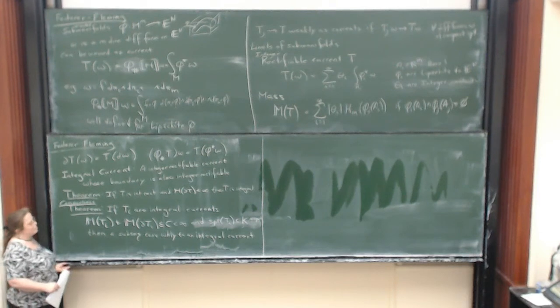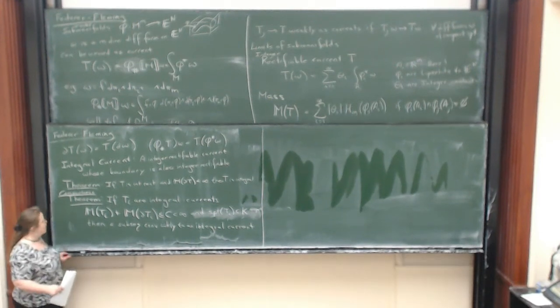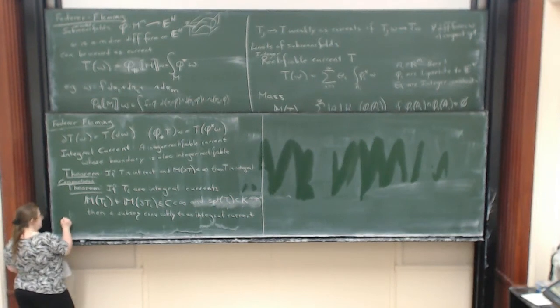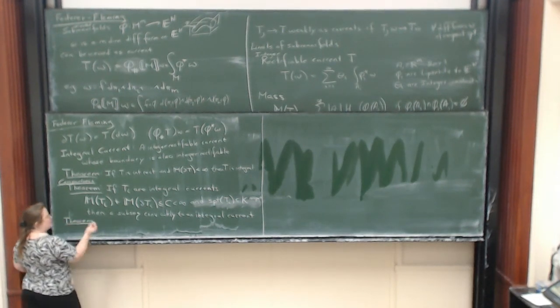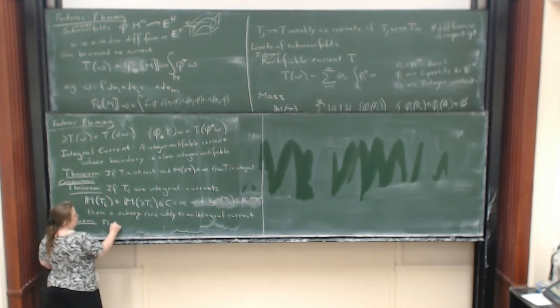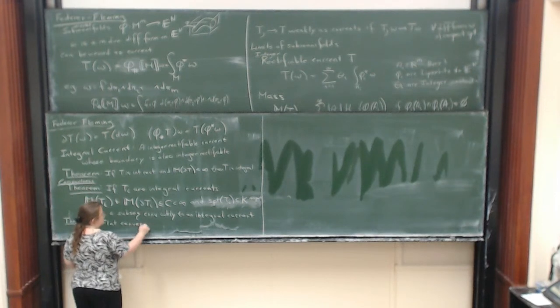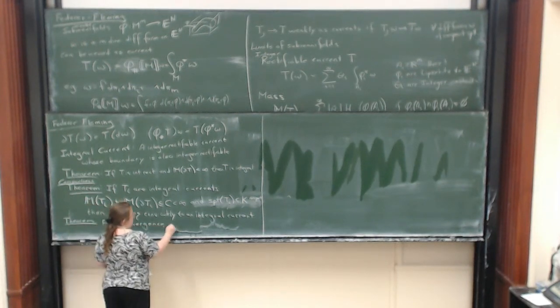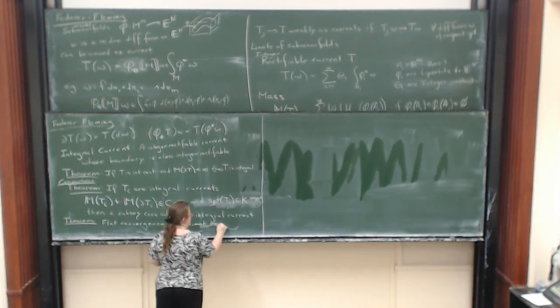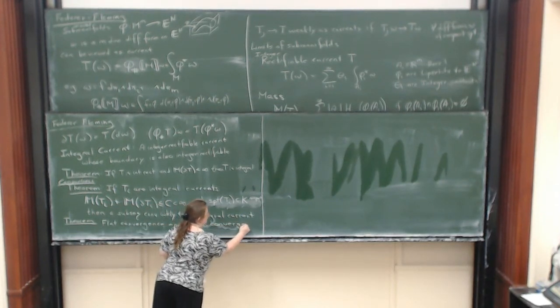And then there's the definition of the flat distance, which I gave last time, and they have a theorem that says that flat convergence and weak convergence agree with these hypotheses.